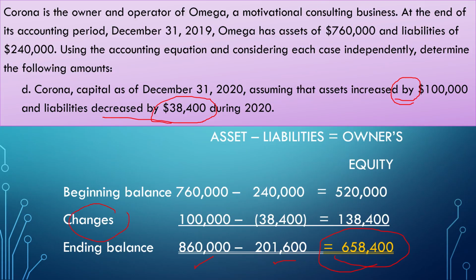Okay, the changes, we have plus 100 for asset, negative 38,400 for LIAB. Then that means the owner's equity is increased by 138,400, right? So when you add this increase to 520, you get the ending balance, which is the same with what you have computed earlier.